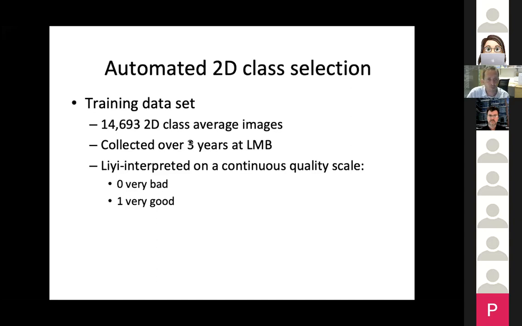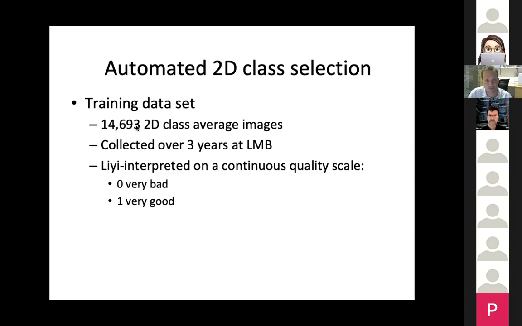Lee went through these, and we threw away redundant ones. We wanted a more or less okay-ish distribution over different types of molecules and different sizes. You might imagine with Venki here, there were lots of ribosomes and we didn't use all of them. In the end, we used a total of 14,693 2D class averages with the metadata from RELION Refine.